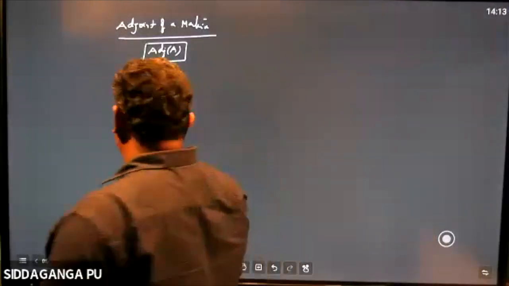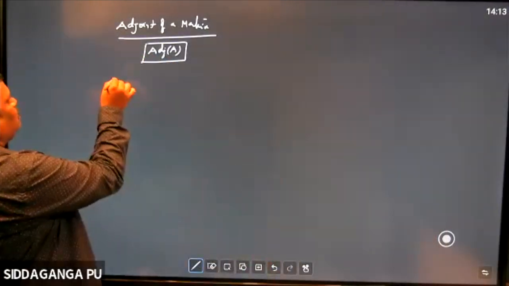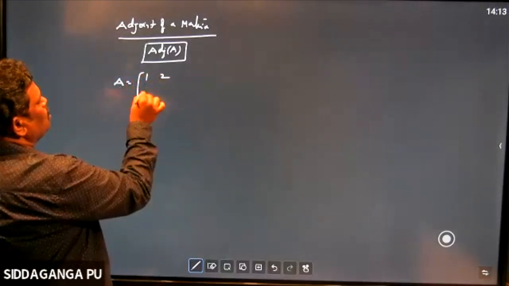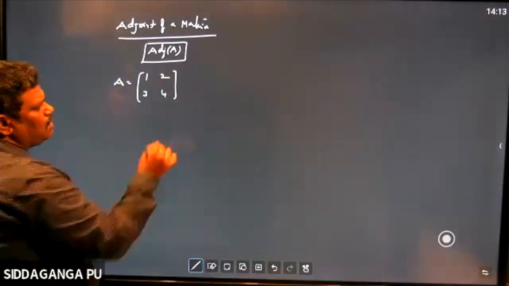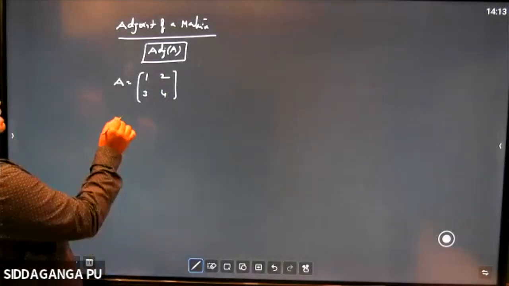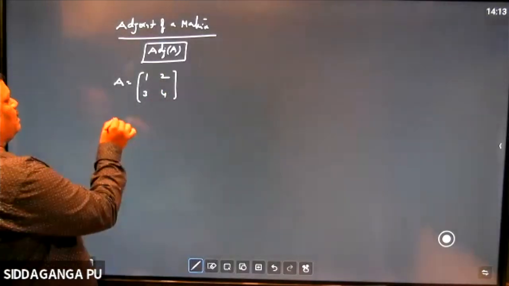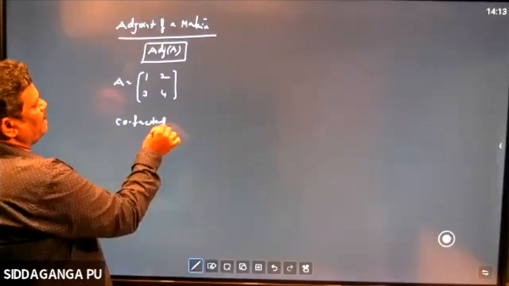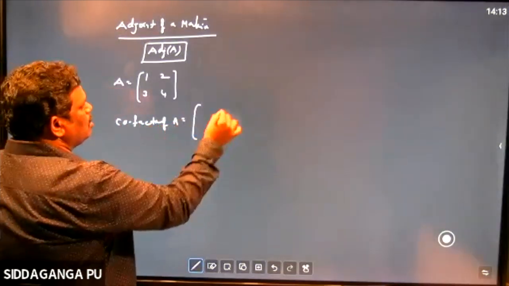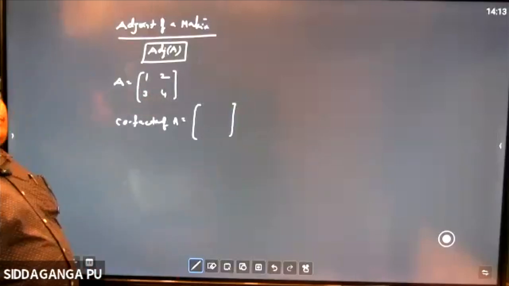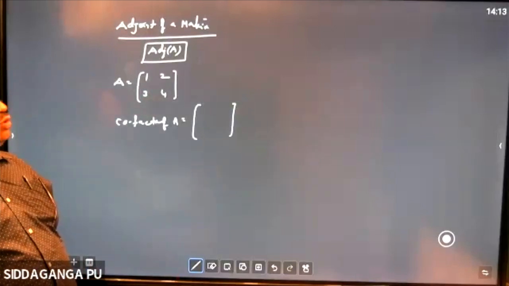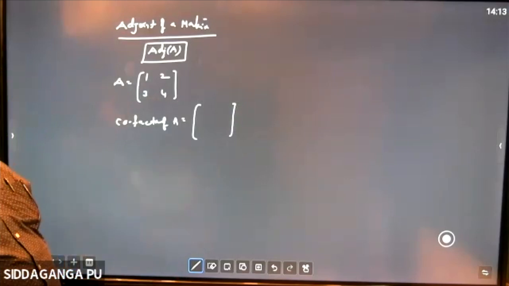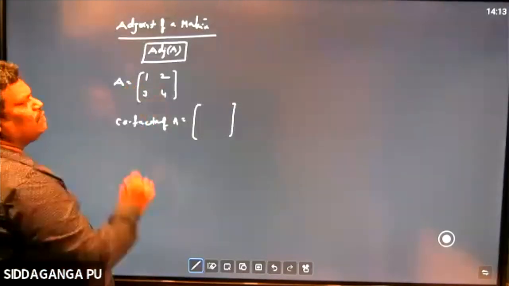For example, I have given a 2 by 2 example and a 3 by 3 example. Here A is equal to 1, 2, 3, 4. Now we can first find the cofactor matrix of A. For 2 by 2, the cofactor of a matrix is minus 1 whole power i plus j times the minor. The minor of 1 is 4, the minor of 2 is 3, the minor of 3 is 2, and the minor of 4 is 1.